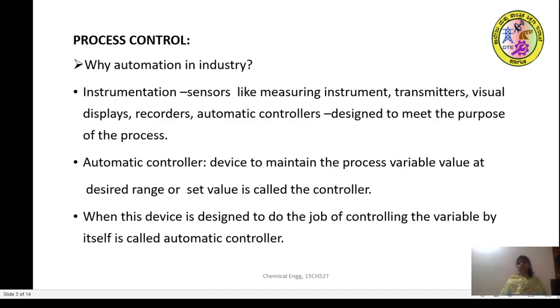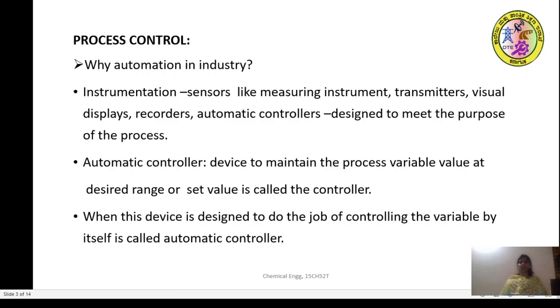When the controller manages the variable to the required set point, then we call it an automatic controller. So what is an automatic controller? It is a device which is used to maintain the process variable value. The process variable value could be temperature, density, viscosity, pressure, specific gravity or humidity, whatever it is, at the desired range or set value.